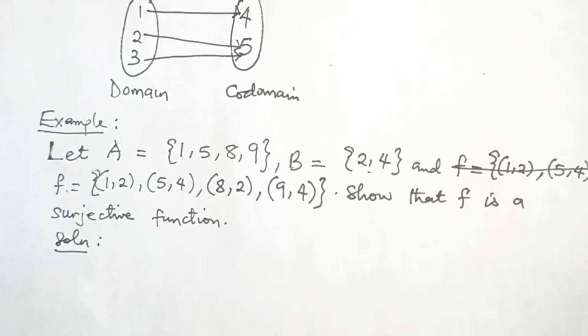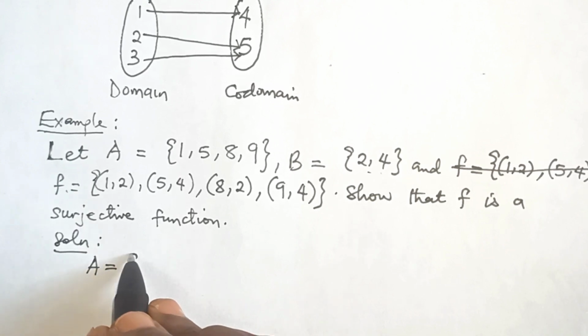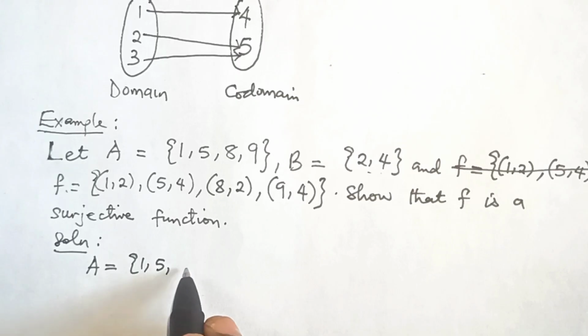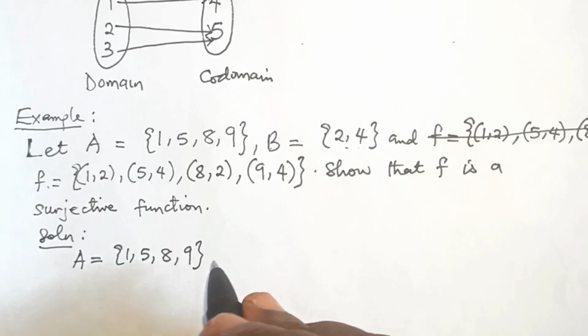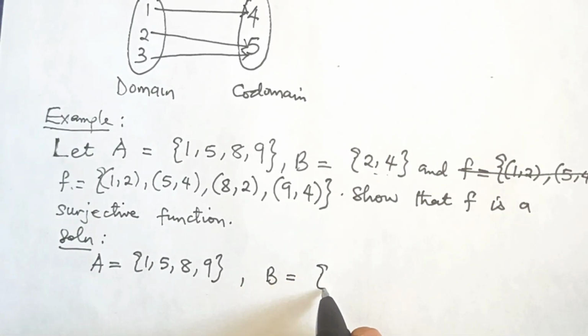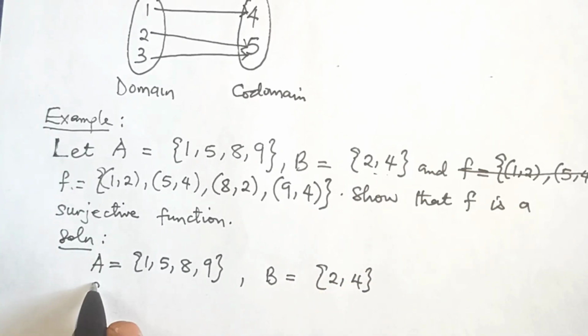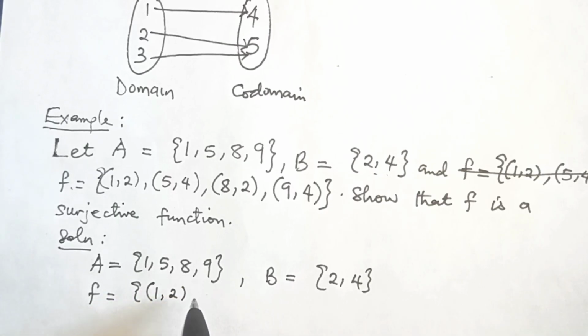Now, from the question itself, we have A is equal to {1, 5, 8, 9}, B is equal to {2, 4}, and f is equal to this function with the set of ordered pairs listed here.